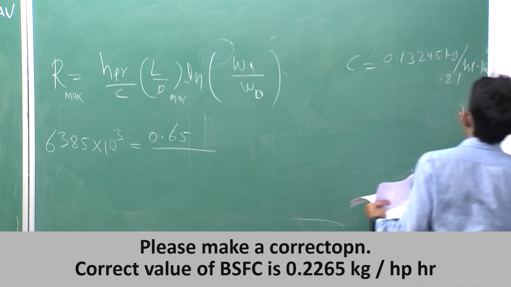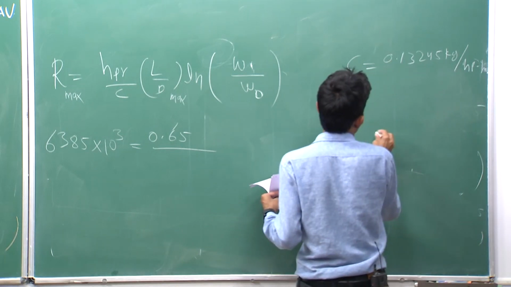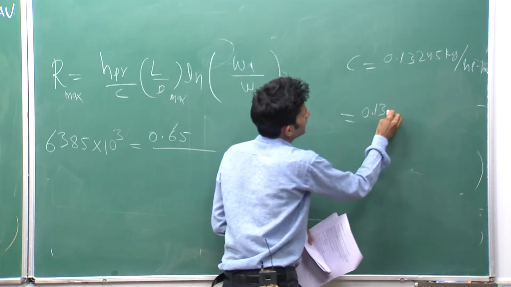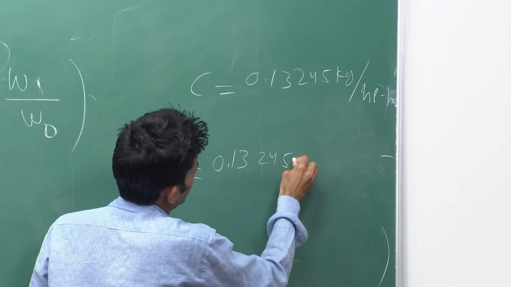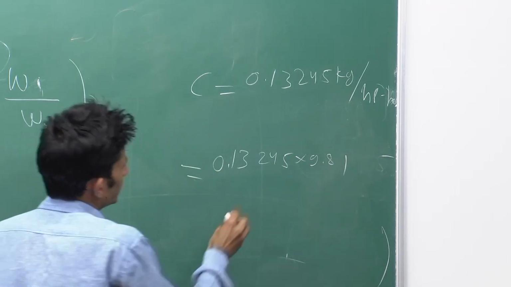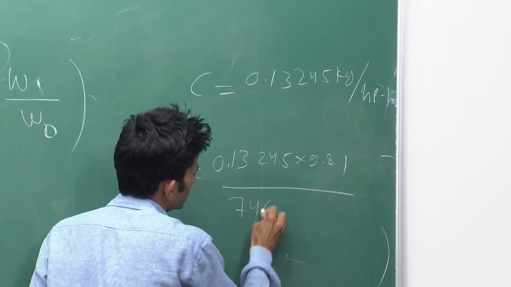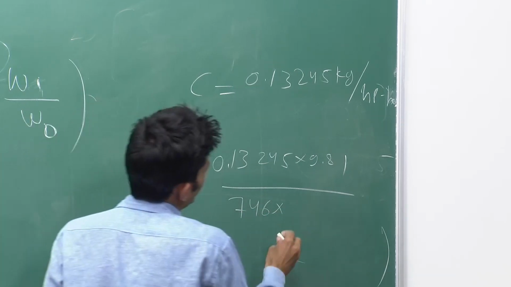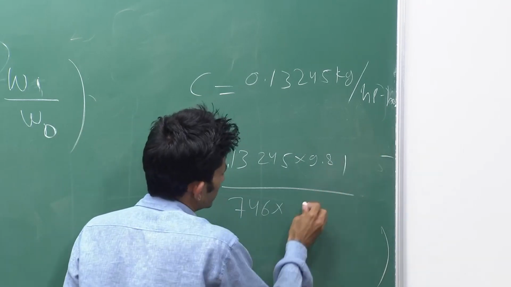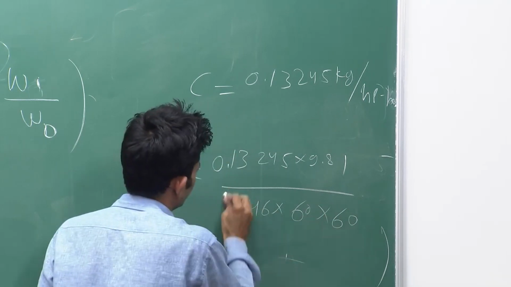This you can convert into SI units. So what you will get is 0.13245 into 9.81, to convert into Newton, divided by 1 HP equal to 746 watt, and the hour you convert into minutes, this will be 60 minute into second, again the 60 will come.